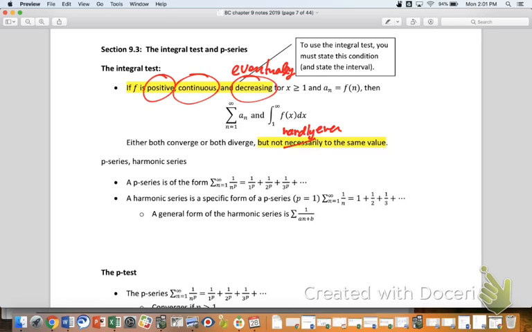So it would be the summation from 1 to n of f of x dx plus a1. We did all that to get that relationship, and believe it or not, we're almost done. Making sense? Questions?